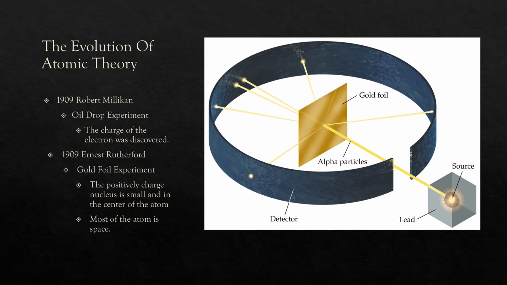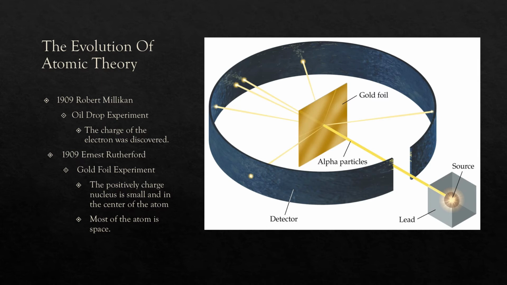And Rutherford's experiment was the gold foil experiment, as can be seen on the right. Rutherford shot small alpha particles through a thin sheet of gold foil. Rutherford had expected the alpha particles to punch right through the foil, with the positive charge of the foil not being strong enough to withstand the alpha particles' positive charge.